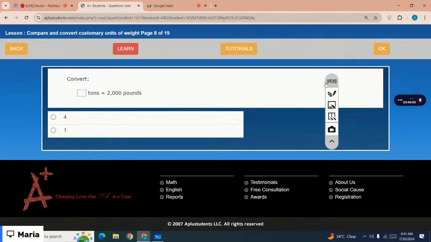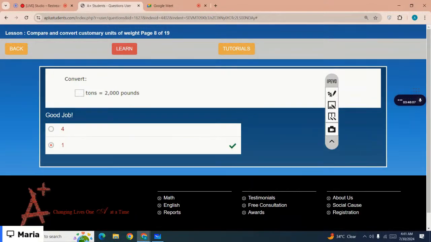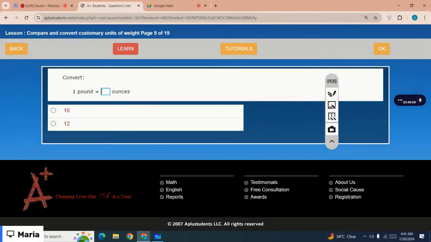The correct option is 1 ton. 1 pound equals how many ounces?